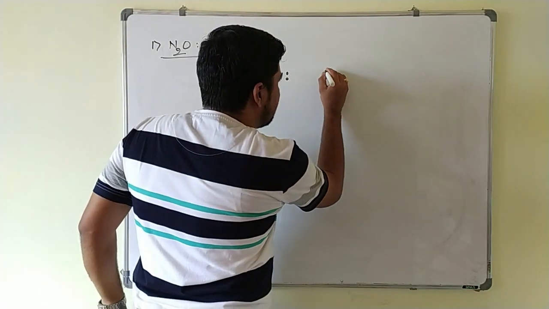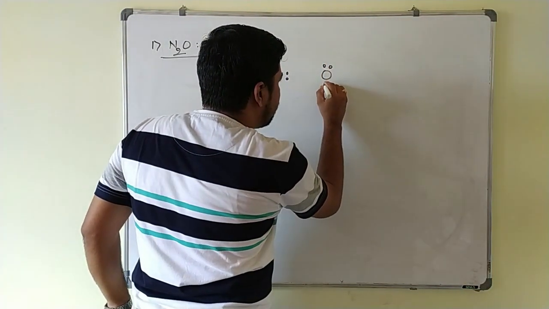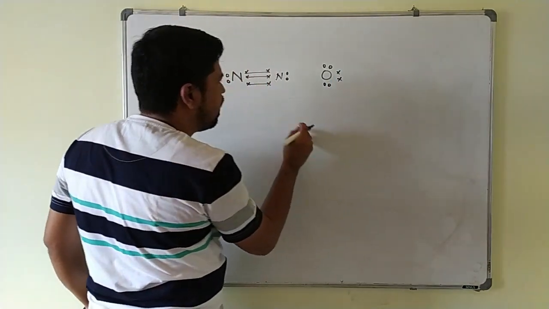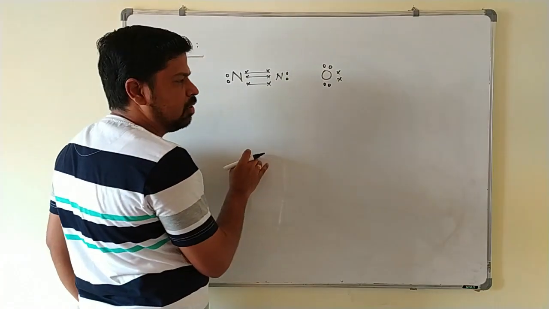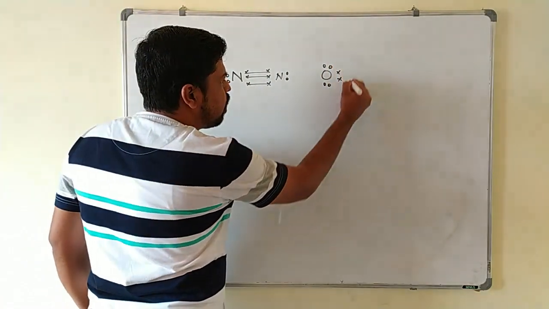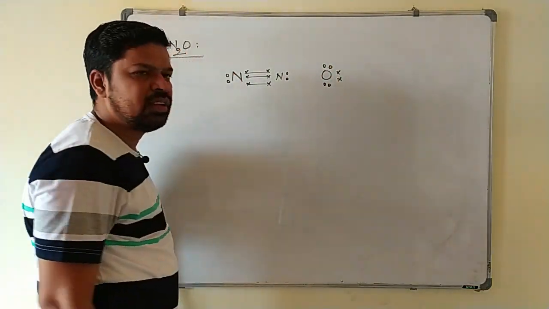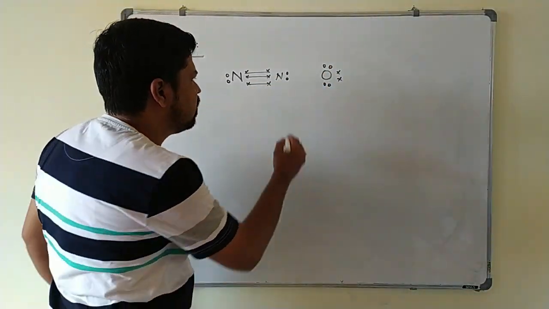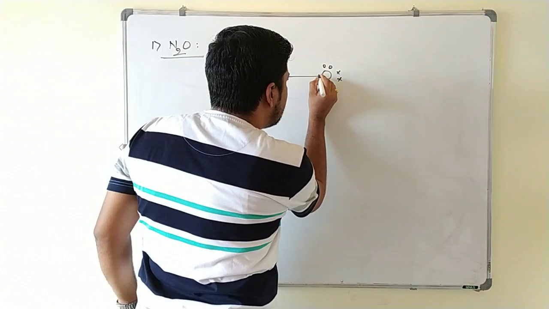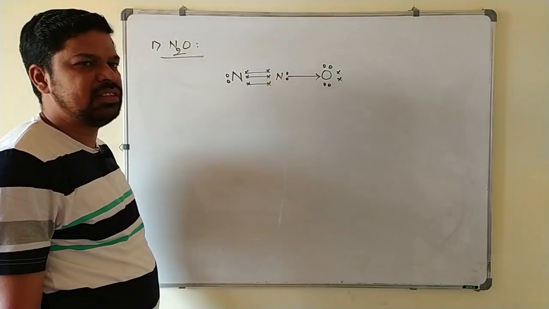Oxygen has 2 lone pairs of electrons and 2 unpaired electrons. These pairs cannot form a single bond with the unpaired electrons. That's why this oxygen is just 2 electrons less than octet. Since it is 2 electrons less than octet, there is a formation of a coordinate bond between this nitrogen and oxygen.